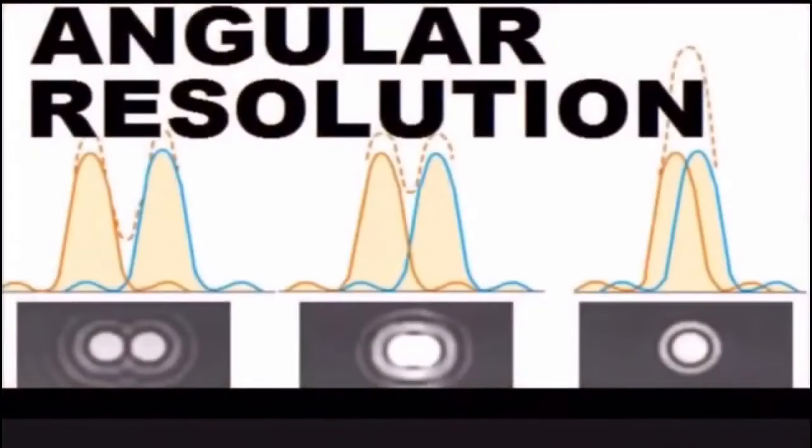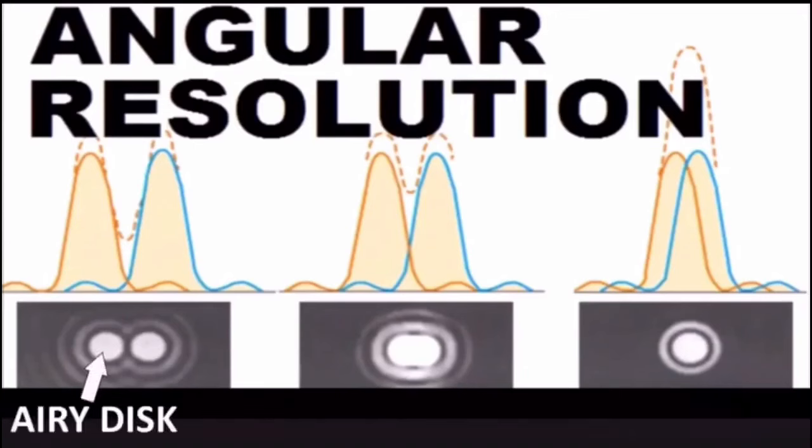Now what is angular resolution? Well, it all has to do with the way that we view light, whether it be from your eyeball, a camera, or a telescope. In optics, the best focused spot of light that a perfect lens with a circular aperture can make is called the Airy disc. Now as you can see on the left hand side, there are 2 points of light and 2 Airy discs.